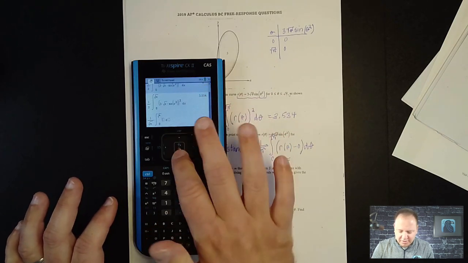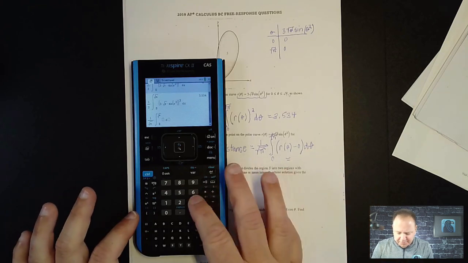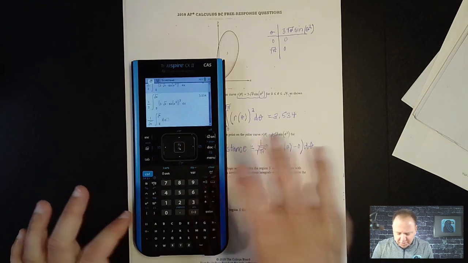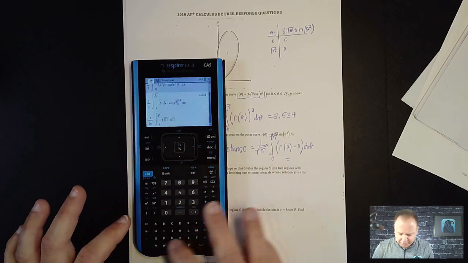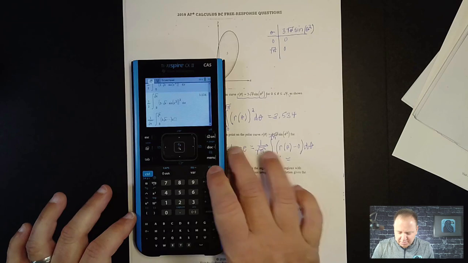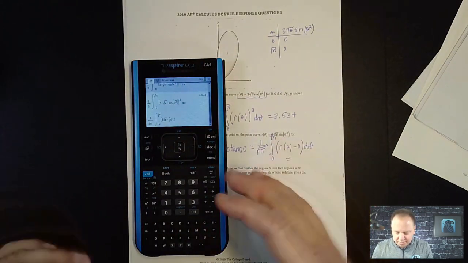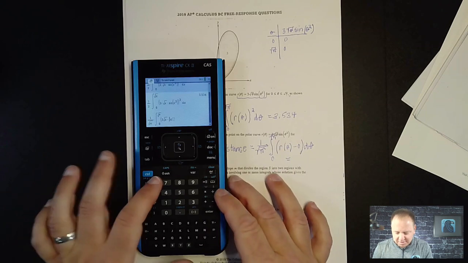I guess I could go up and copy this just in case I need it. I'll just plug it in again. This would be 3 square root of x times sine of x squared dx. I should have copied my r just so I can keep pasting it in and making my life easier.